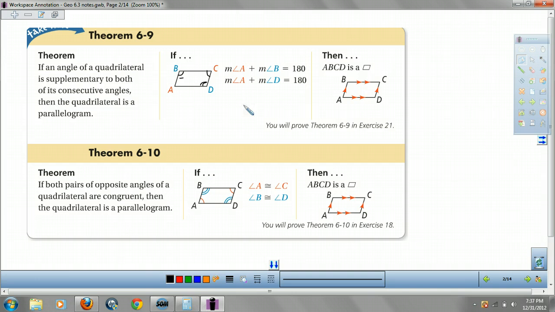Same as, if opposite angles are congruent, these guys, then it is a parallelogram. Okay? So again, same stuff, guys, just different day. If you guys need to pause and write it, go for it. It's also in your book.